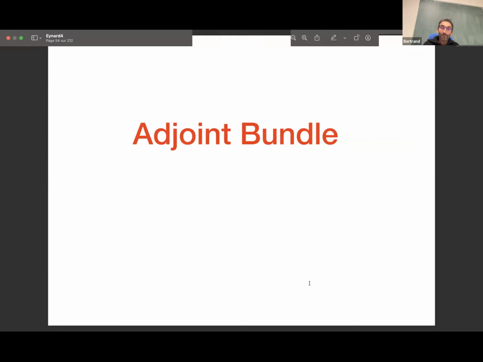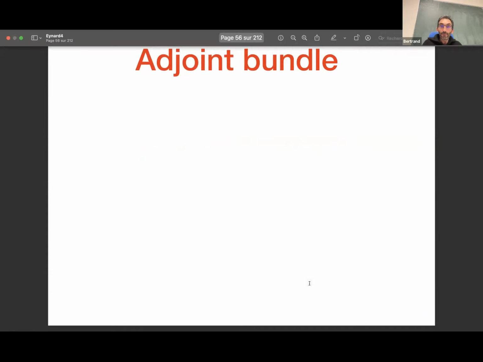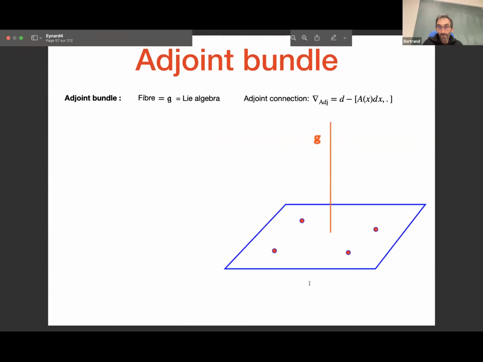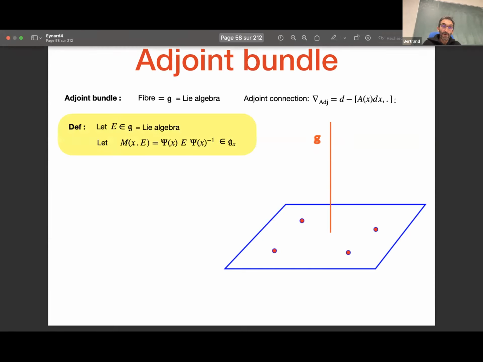So this leads me to talk about the adjoint bundle. The adjoint bundle is also a bundle over CP1, but now the fiber is the Lie algebra. The connection on this bundle is the adjoint connection, which is again D minus A, but where A acts by the commutator in the Lie algebra. Let me introduce this definition, which I denoted M(X, E).